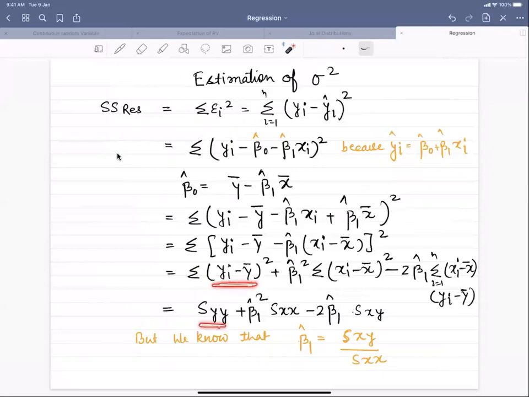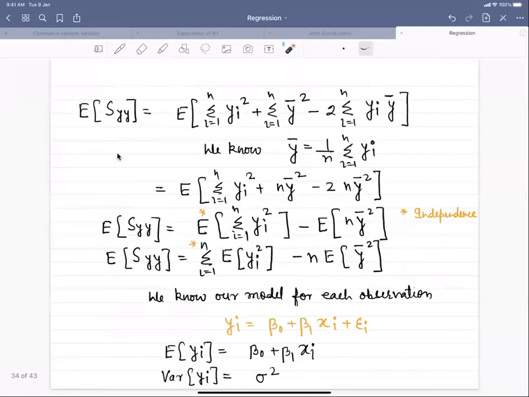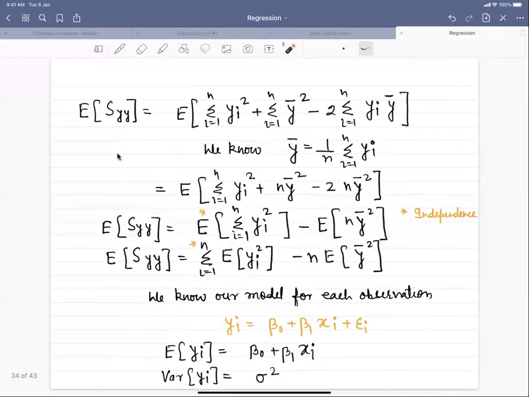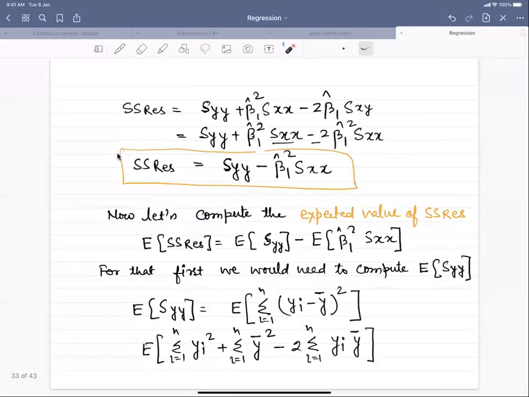So you can expand it first and then take the summation operator inside. I have taken the summation operator inside, but not the expectation operator. So we first expand it and then take the summation operator also inside.